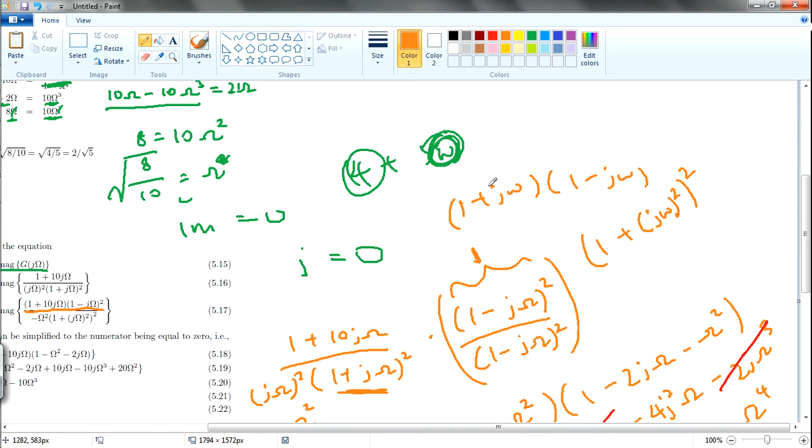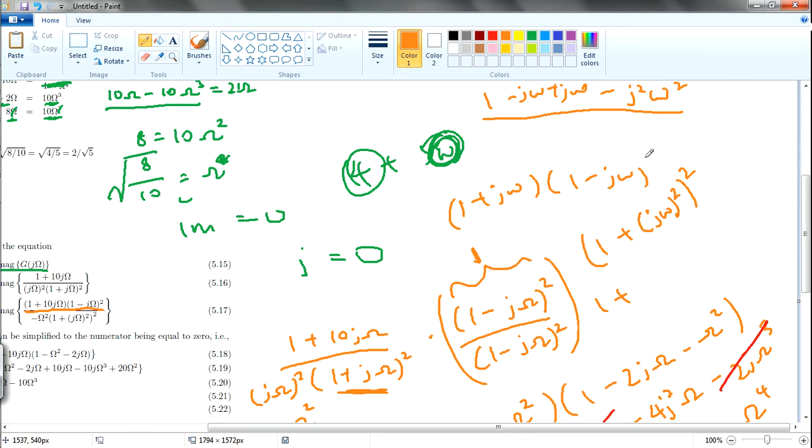So this is 1, and then minus j omega plus j omega, and then minus j squared omega squared. So this is the result. If I expand this, hopefully I can get that.